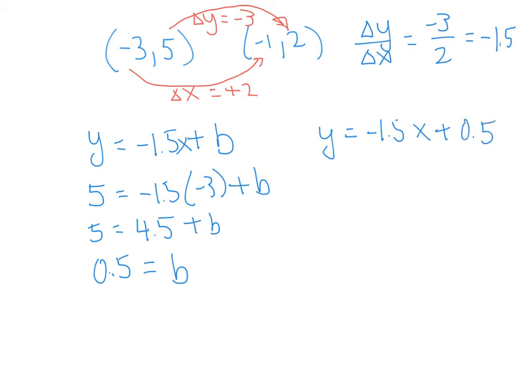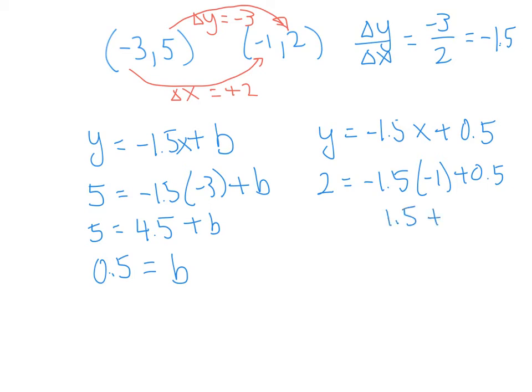Let's double check that -1, 2 is indeed a solution to this equation. So let's plug in 2 for y equals -1.5 times -1 plus 0.5. Now -1.5 times -1 is 1.5.